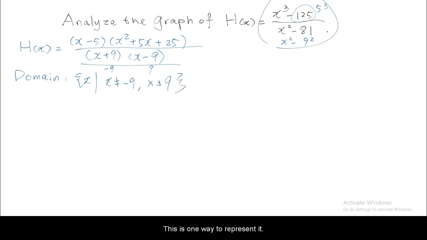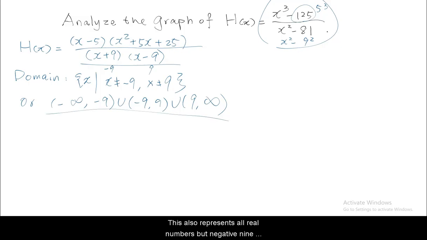This is one way to represent it. If you want to write it in interval notation, you can say it's from negative infinity to negative 9, union negative 9 to 9, then union 9 to infinity. This also represents all real numbers but negative 9 and 9.